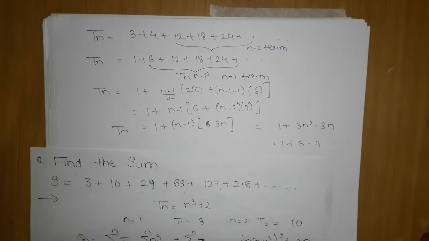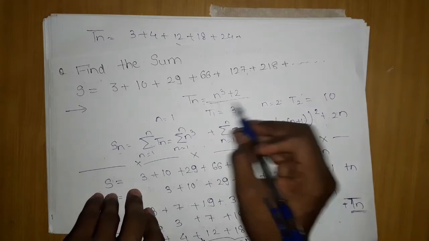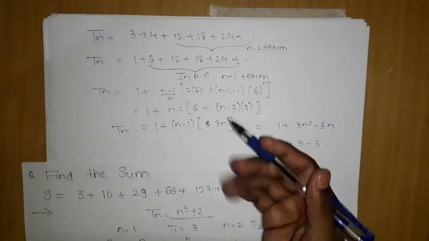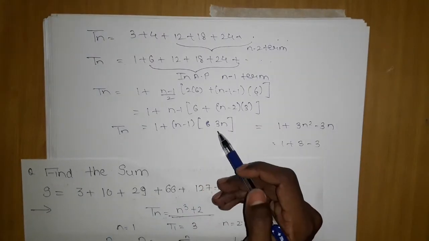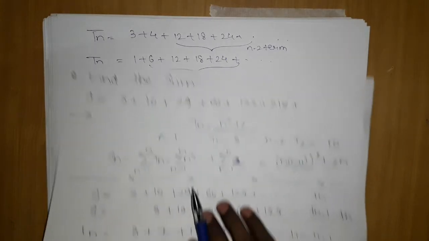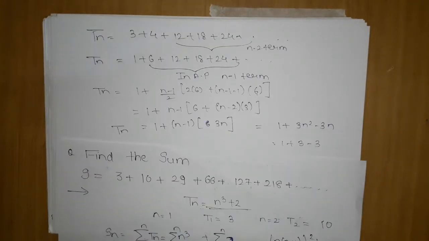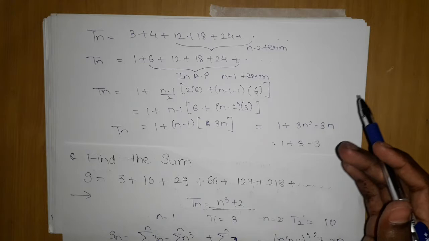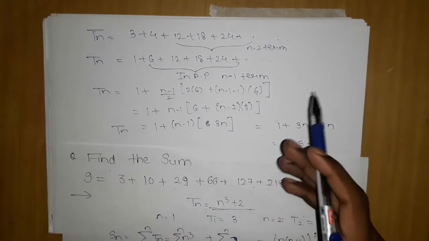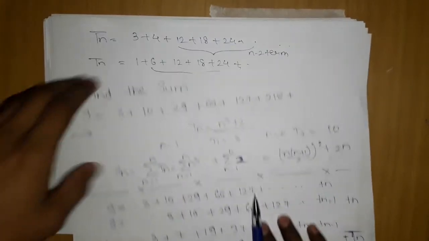I can predict that when the general term is cubic, and you know that this method can create a Tn of n square power, and it cannot create n cube, then it is very obvious that this method will fail whenever the general term is like this, n cube plus 2. If the general term is of n square and n in that pattern, then it will give you the right answer. But if it is like n cube, this method will fail.